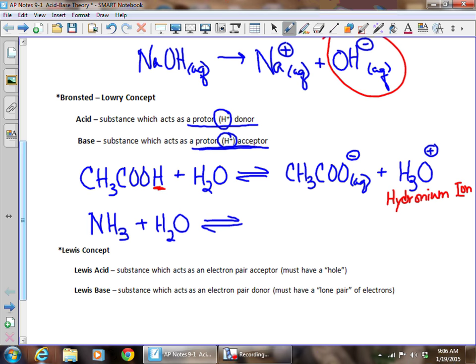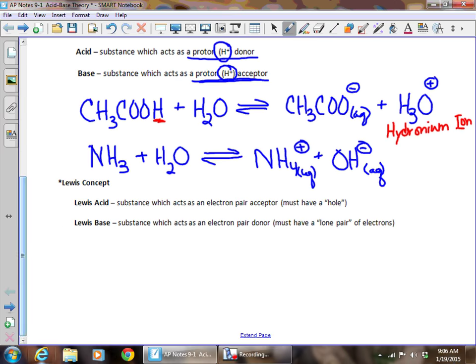So when it steals a hydrogen, it forms the NH4 plus and leaves behind the hydroxide ion. And it doesn't matter how you get the hydroxide ions, whether they were in the compound to begin with or whether it's produced when a hydrogen is stolen from a water molecule. Doesn't make any difference. It still produces that basic solution. So that's the Bronsted-Lowry concept.